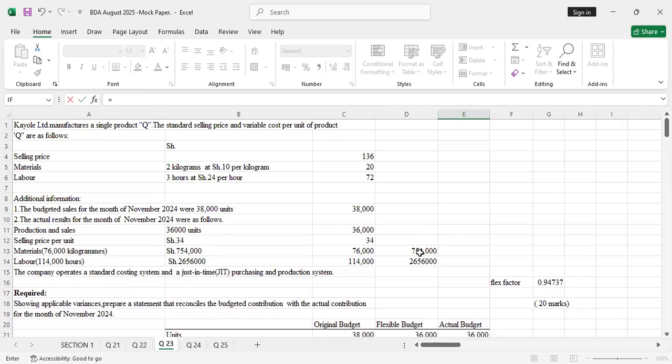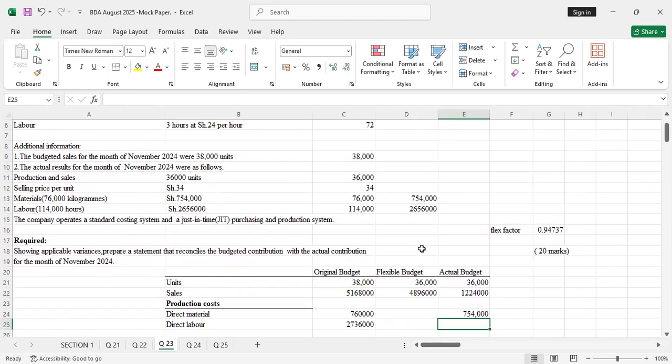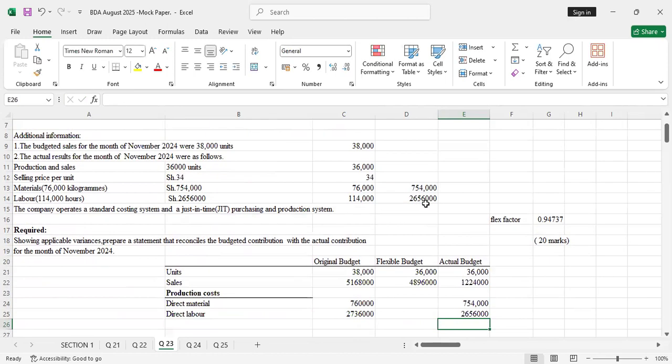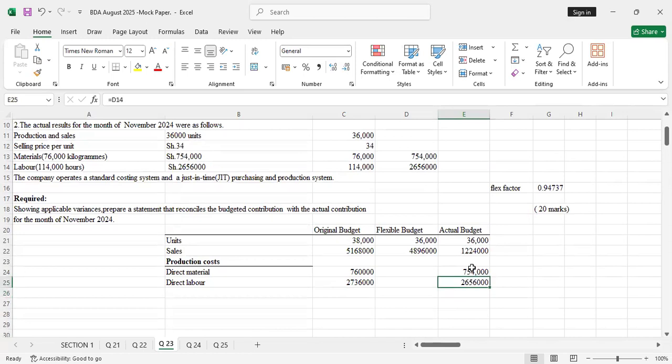Actual, you're given the cost, so you just select that. Then you also do the same for labor. Labor is that value there. So you are done. Direct labor is this.